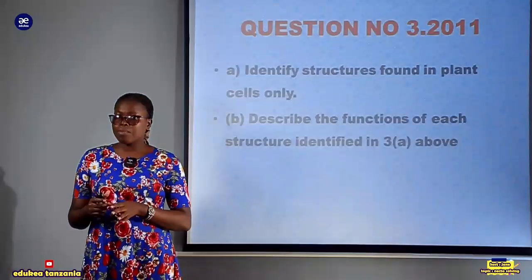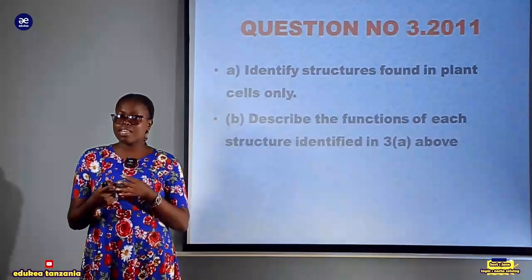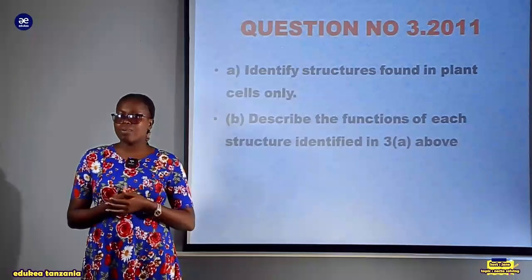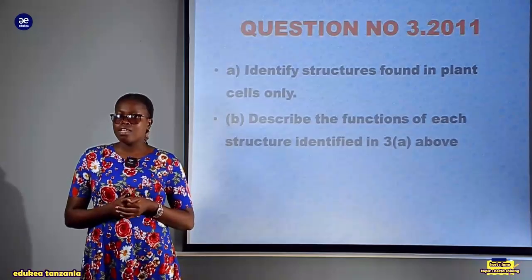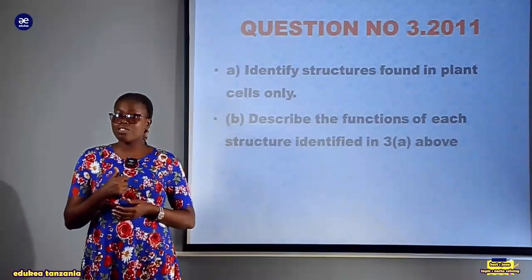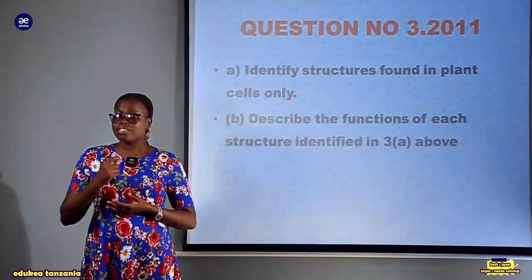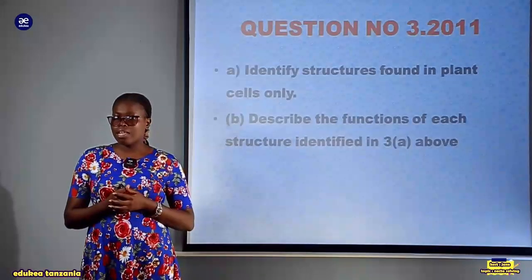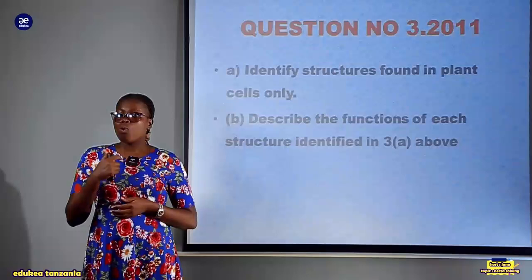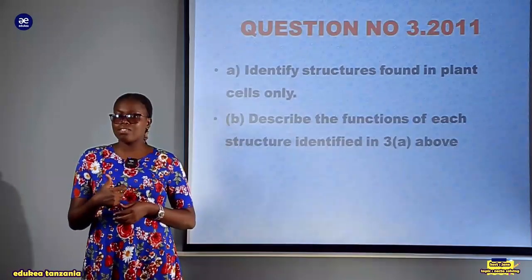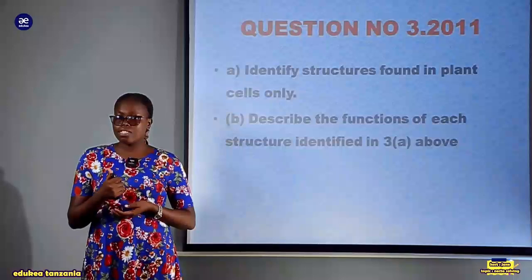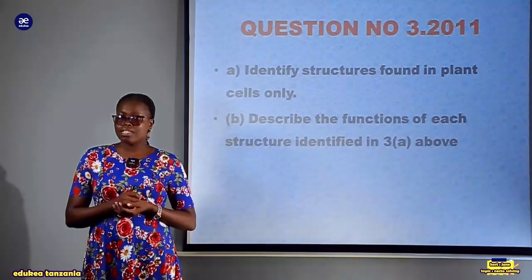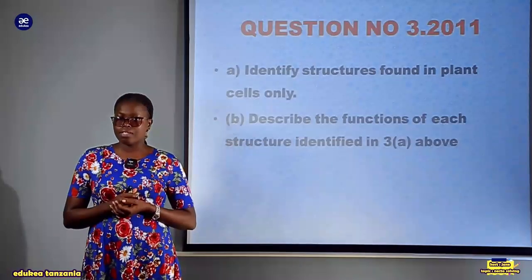After knowing them, you can see the differences existing between the animal cell and the plant cell, and those differences are what is being asked here. So you need to give the difference by identifying the structures found within the plant cell only, which are not found within the animal cell. This is how you can answer this question and get all the marks.